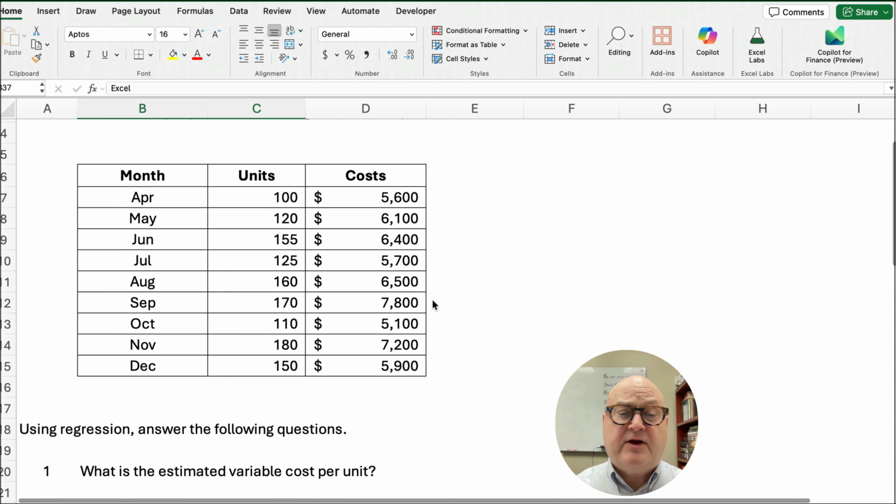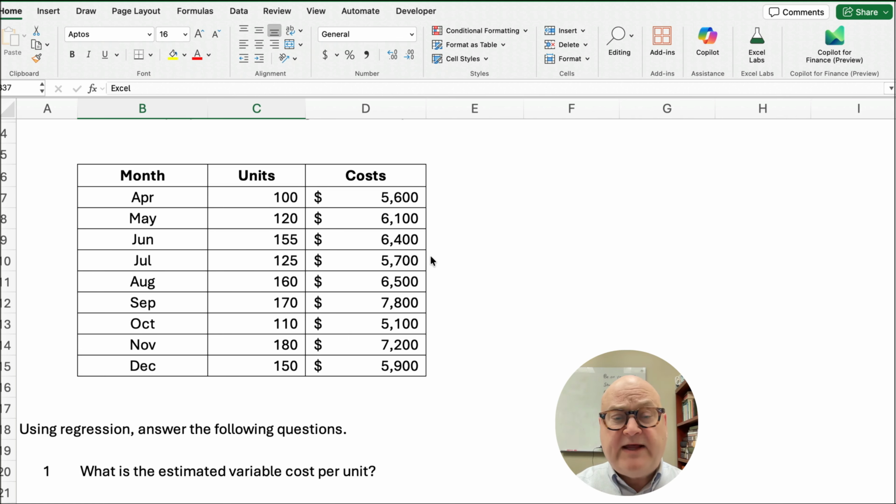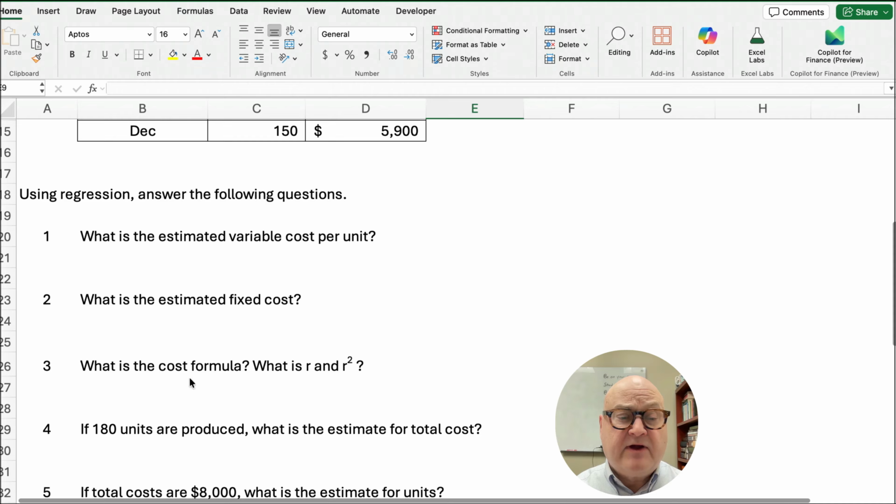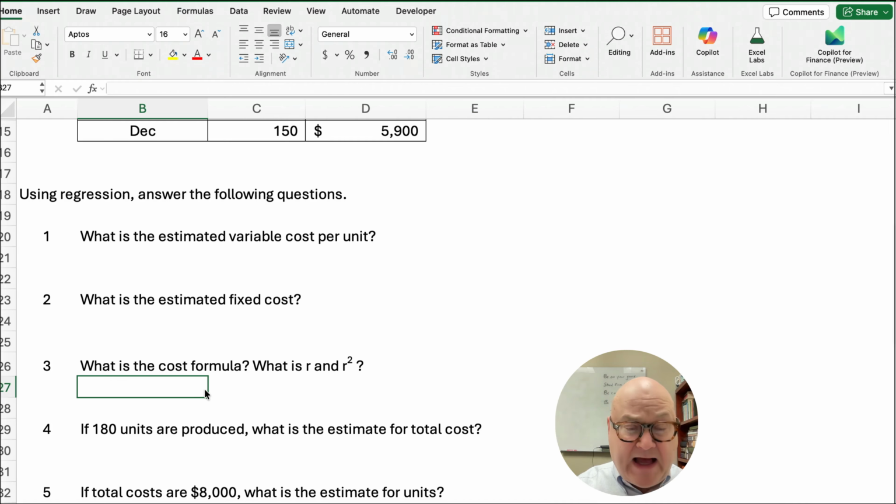Let me show you how to do it on Excel. So regression is we take all the data points, the units would be the X and the cost would be the Y. And remember, the cost formula would be Y equals A plus BX.